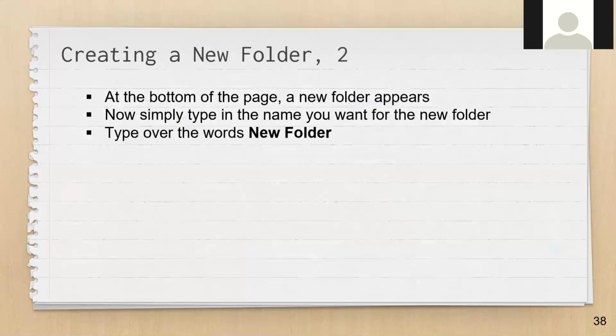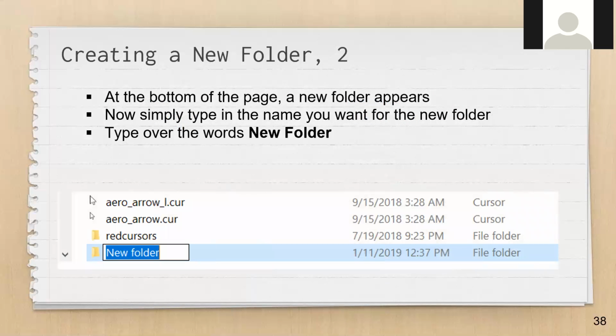Click on it, and a little box will open, right at the bottom of all the files, called New folder. Windows is going to call it New folder because it doesn't know what you want to call it. And if you have another one, it'll be New folder 1, 2, 3, 4, 5. I don't want things called new folders. I want my folders to be called by my name.